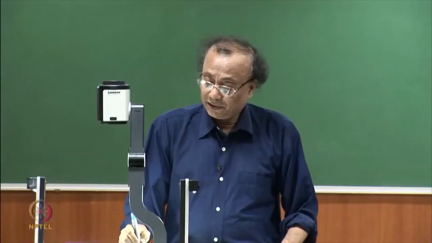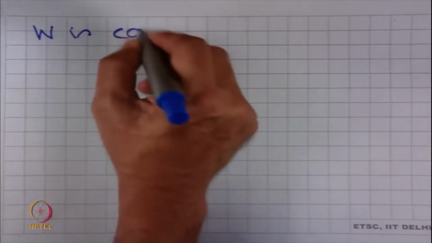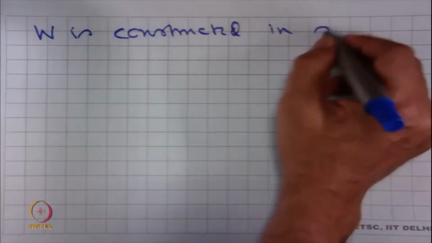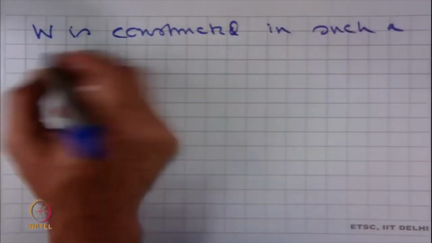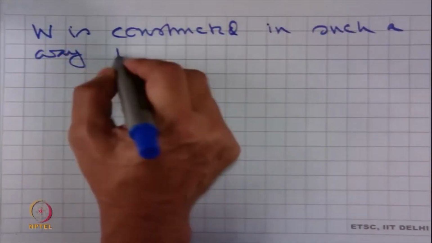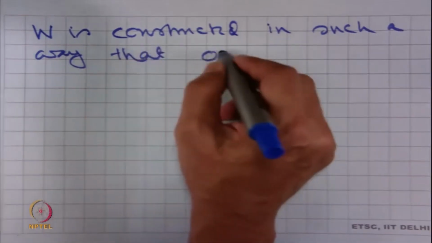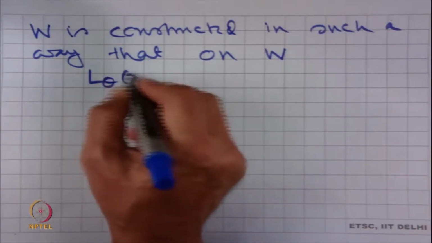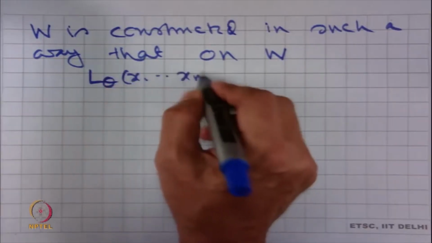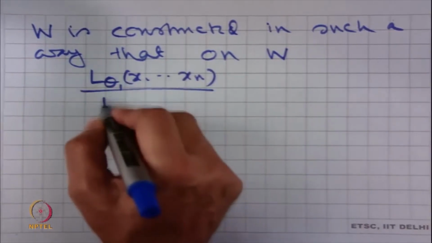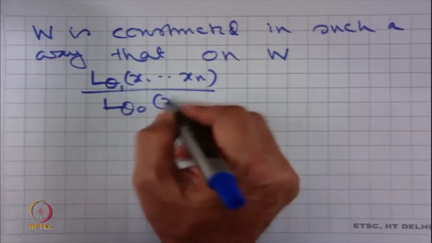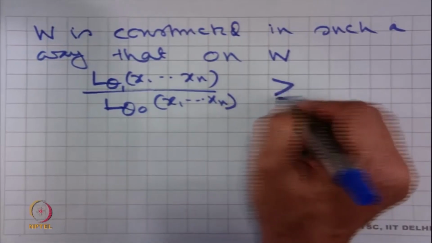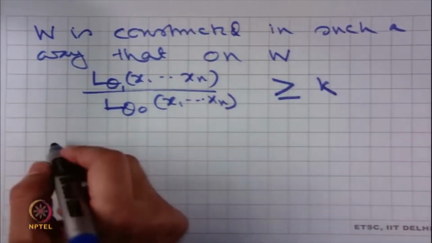So, W is constructed in such a way that on W, L theta 1 of x 1, x 2, x n upon L theta 0 of x 1, x 2, x n is greater than or equal to k.